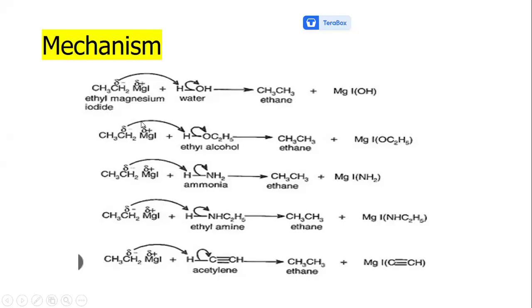When this Grignard reagent reacts with water, the hydrogen is electropositive and the oxygen is electronegative. So this carbon attacks this hydrogen, and the hydrogen-oxygen bonding electrons are attracted by the oxygen, forming ethane. All these reactions follow the same mechanism as I discussed above for ethyl magnesium iodide in water.